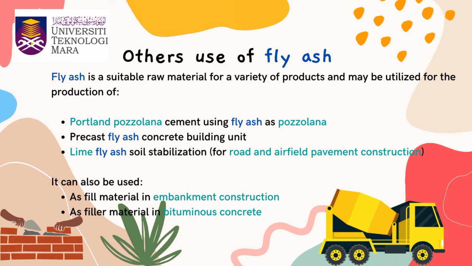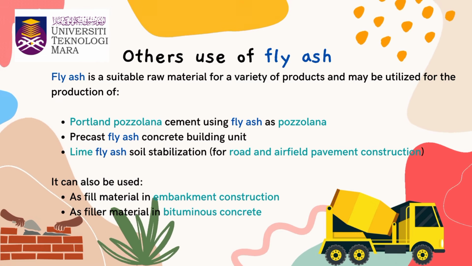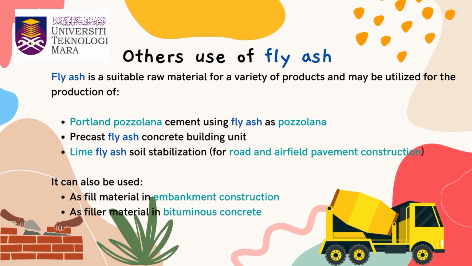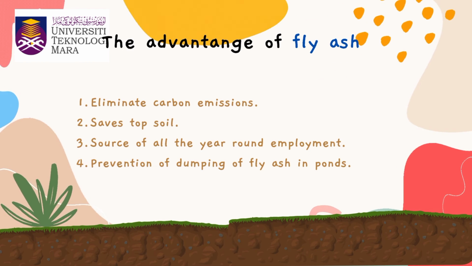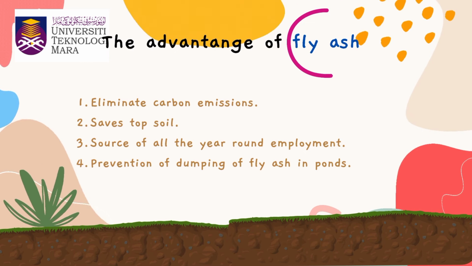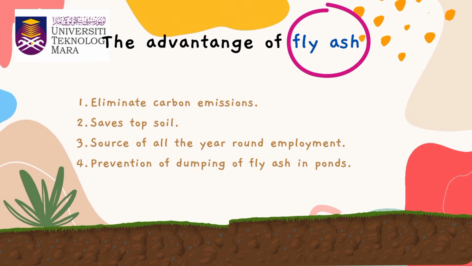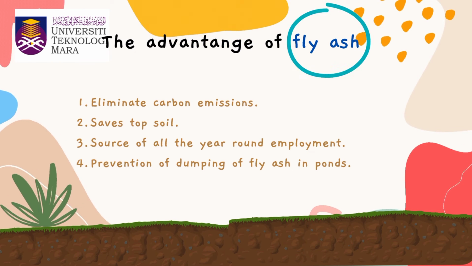It can also be used as fill material in embankment construction and as a filler material in bituminous concrete. The advantages of fly ash are: first, eliminate carbon emission; second, save topsoil; third, source of year-round employment; fourth, prevention of dumping of fly ash in ponds.